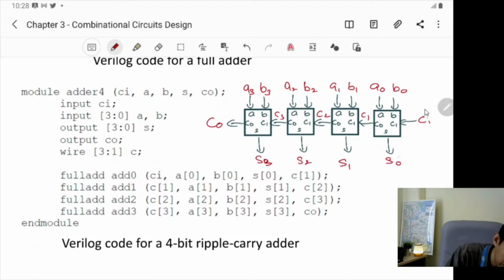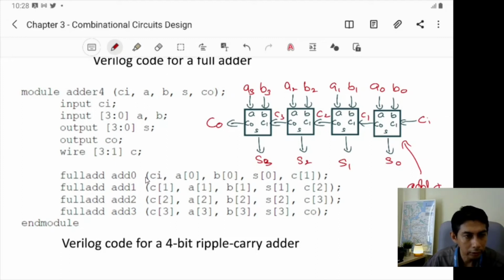So we name this ADD 0. And the connection is like this. CI, what is CI here? CI here must be this. And it is connected to where? Connected to CI in the smaller module.